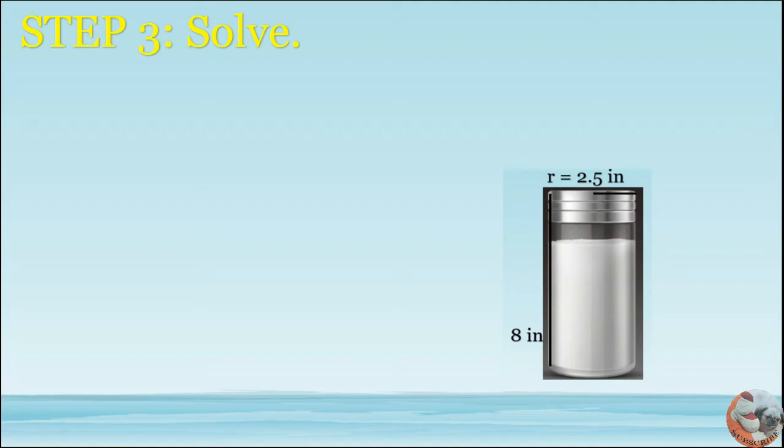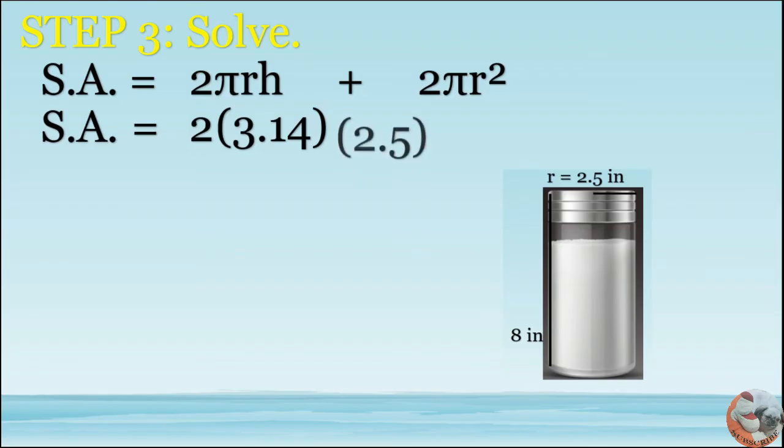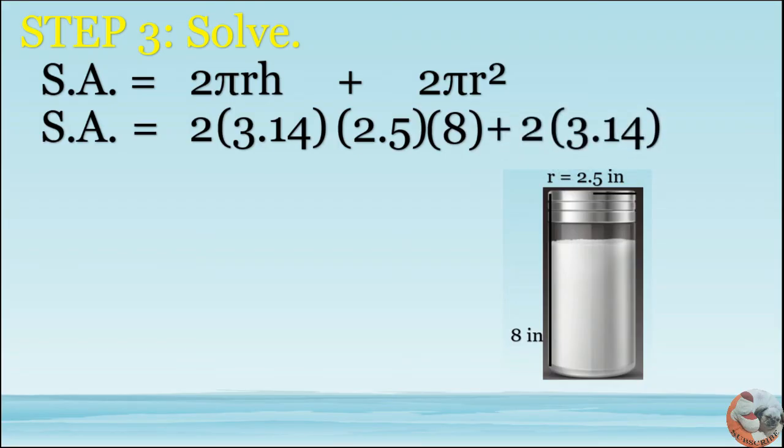Step 3. Solve. SA is equal to 2 pi RH plus 2 pi R squared. Surface area is equal to 2 times 3.14 times radius, which is 2.5, times the height, which is 8, plus 2 times 3.14 times 2.5 squared.